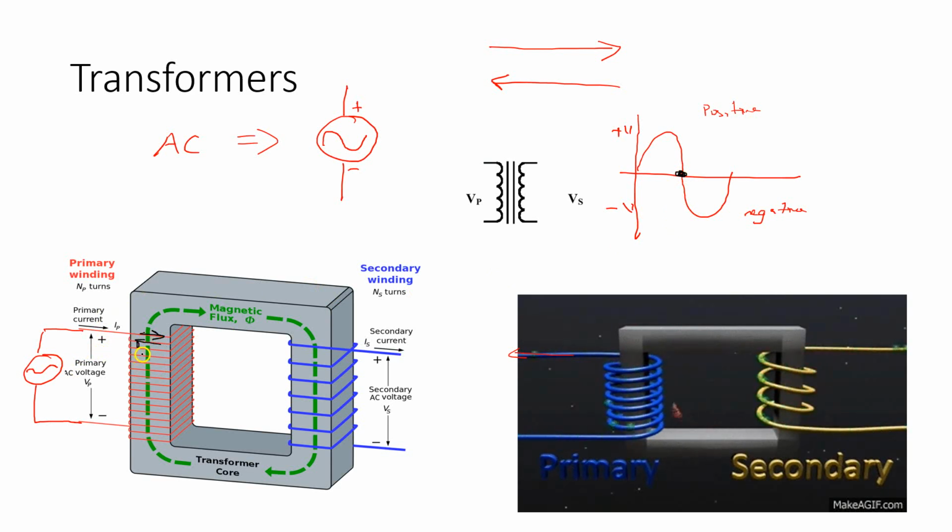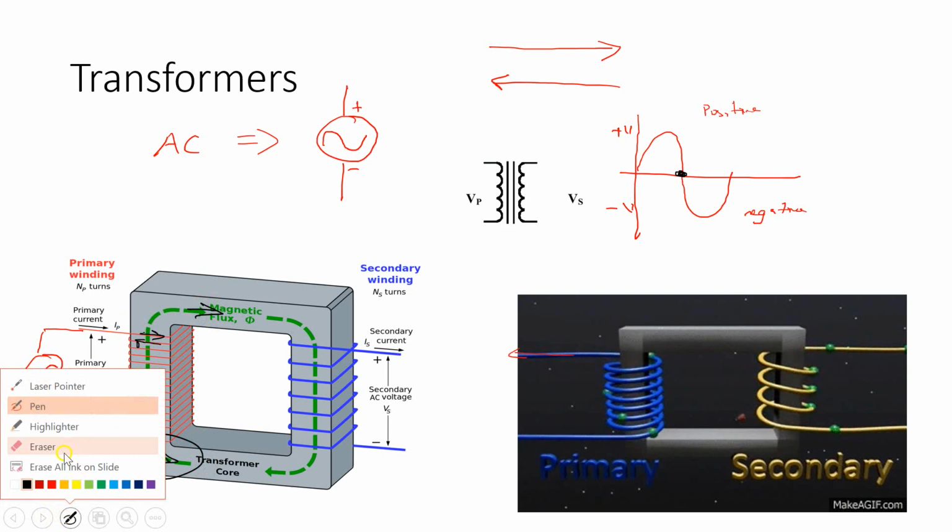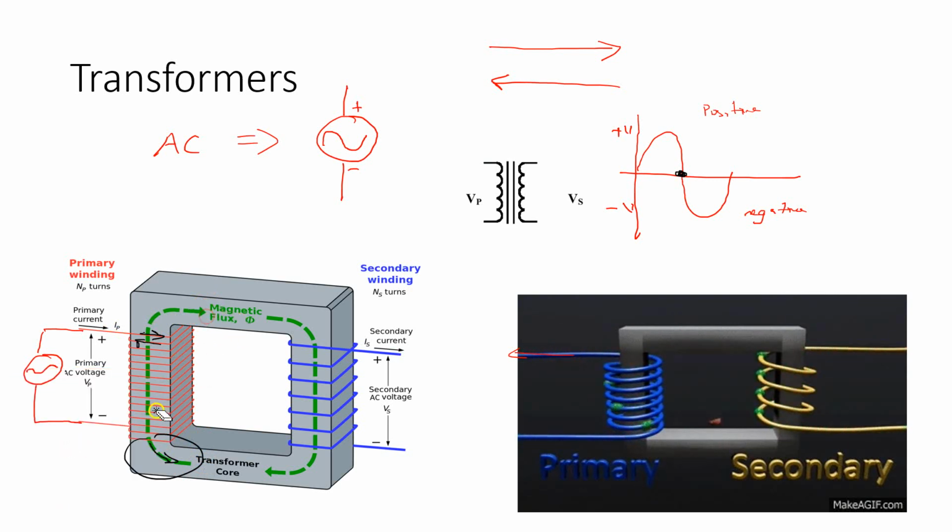If the current is now flowing in the opposite direction, it means that the magnetic field around the solenoid is going to change. So it's no longer going this way, but it's now going the opposite way from what you're seeing here, right?